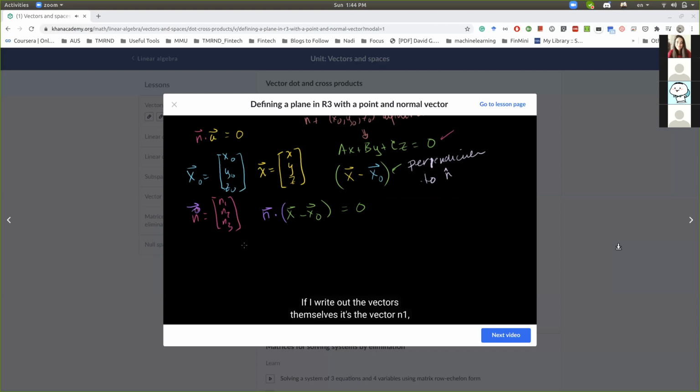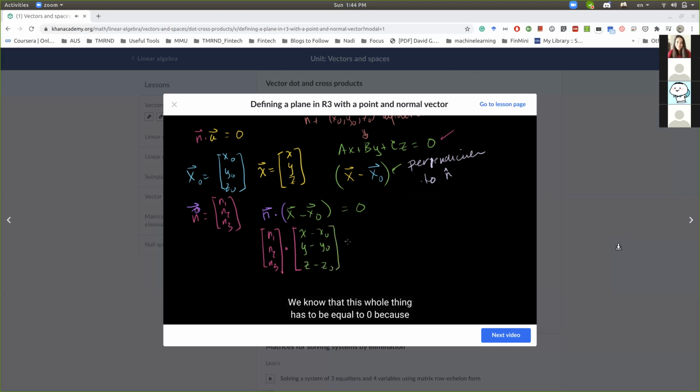If I write out the vectors themselves, it's the vector n1, n2, n3 being dotted with x minus x naught. That's the scalar x minus the scalar x naught, then the scalar y minus the scalar y naught, and then the scalar z minus the scalar z naught.